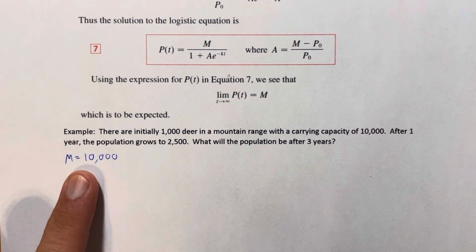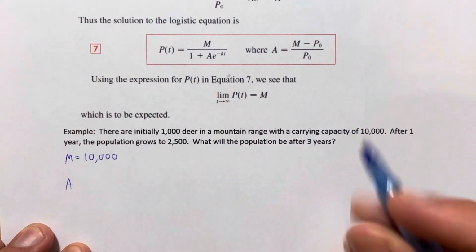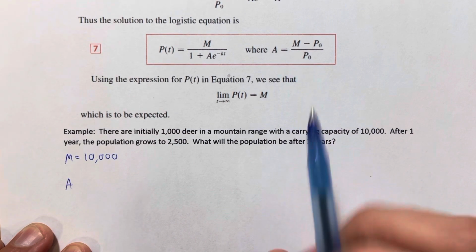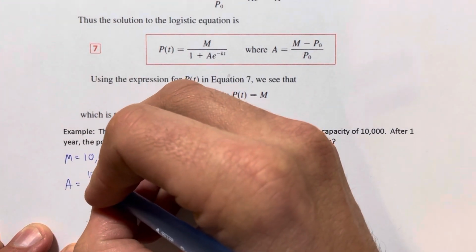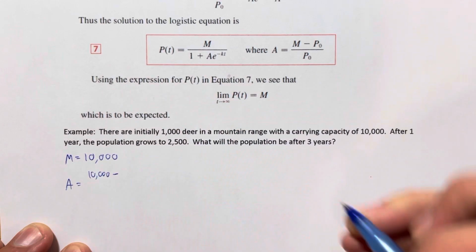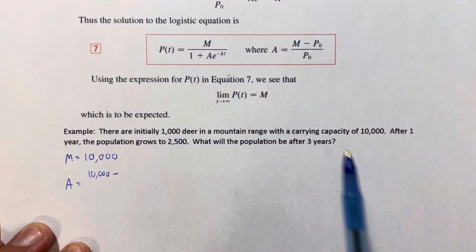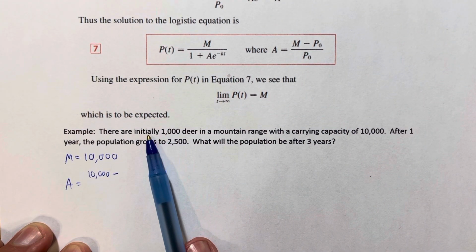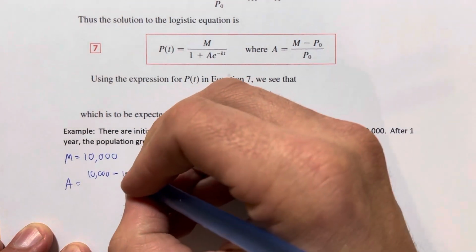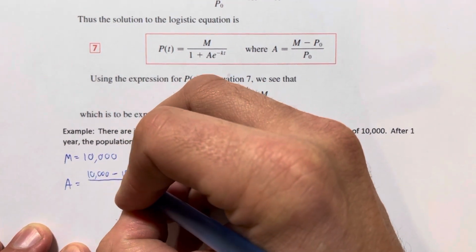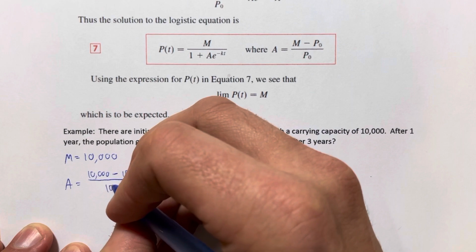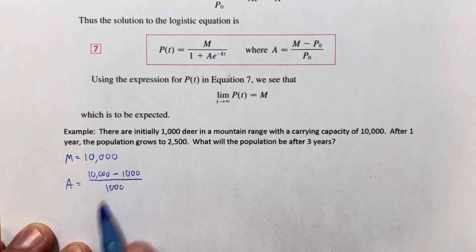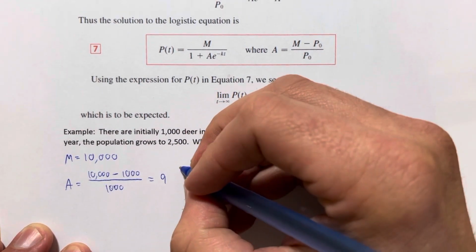And then the value A that's mentioned here is our carrying capacity, 10,000, minus our initial population. This tells me that there's initially 1,000 deer. Our initial population over the initial population. That would be 9,000 over 1,000, or just 9.